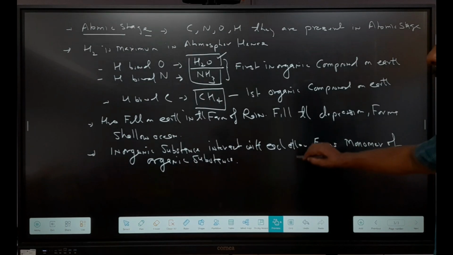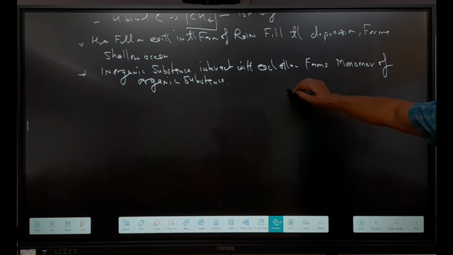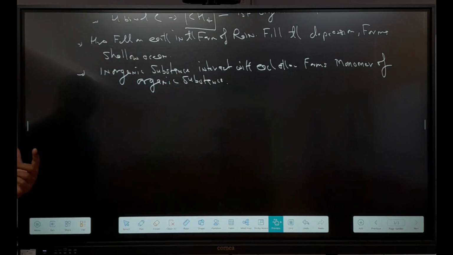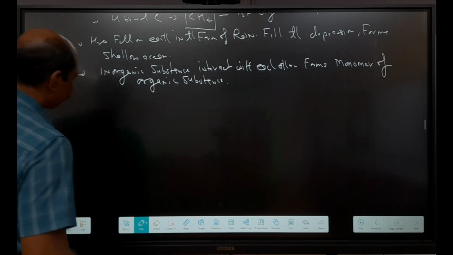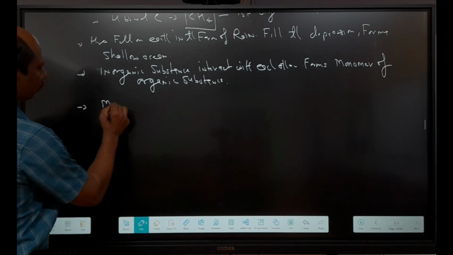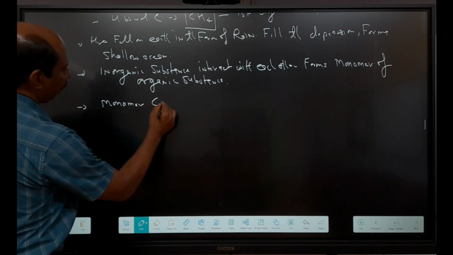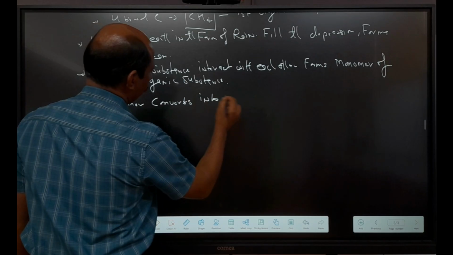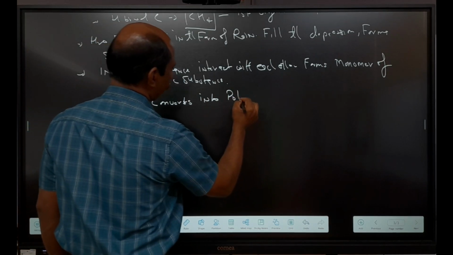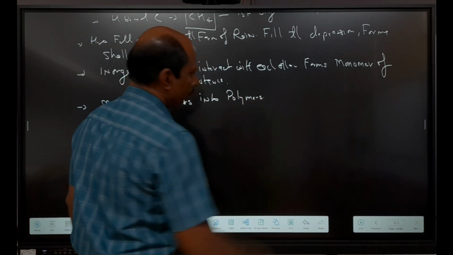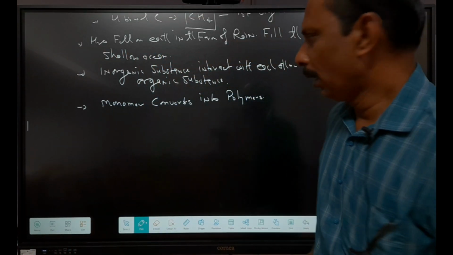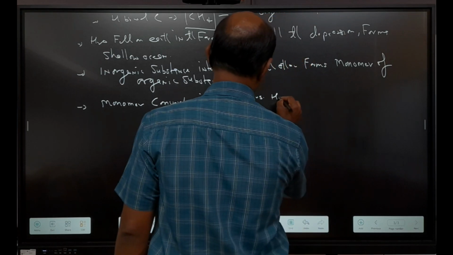Because they are present in the primitive ocean, that primitive ocean is called prebiotic soup, right? Okay, here first I write monomers convert into polymers. Now complex organic substances are formed.